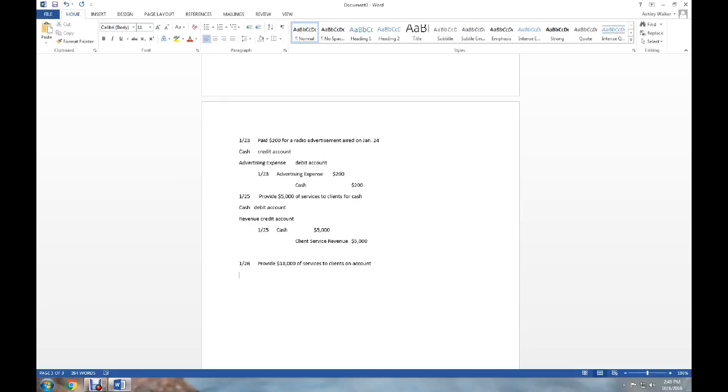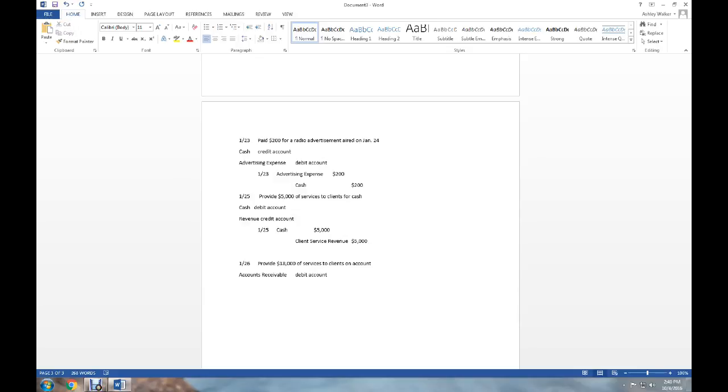Remember, if we provide something on account, that means it's a credit account. So our clients owe us $18,000. So that's going to be an accounts receivable. So we're going to debit accounts receivable because it's an asset. So that's going to be our debit account.